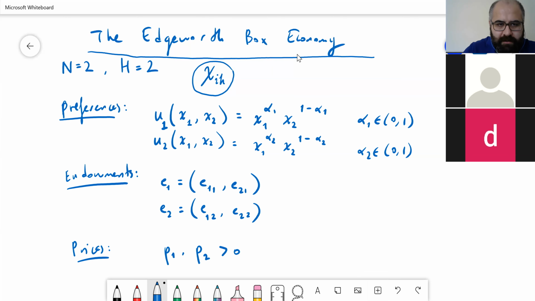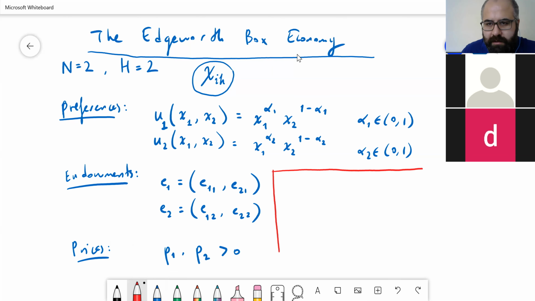As you see, consumers once again have the same type of utility function, but they differ parametrically. So exponents are generally different. They have endowments of both goods, but those endowments also differ in general. And also we have two prices. Now we can write incomes.